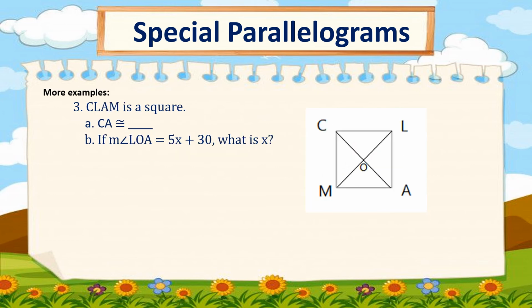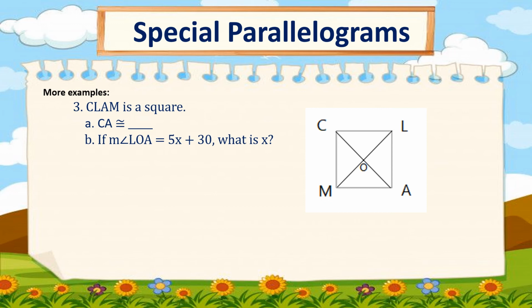Let's have another example. CLAM is a square. Letter A, CA is congruent to blank. Okay, we have learned that the square is the most special parallelogram because all the properties of parallelograms and all the theorems on rectangles and rhombuses are true to squares.